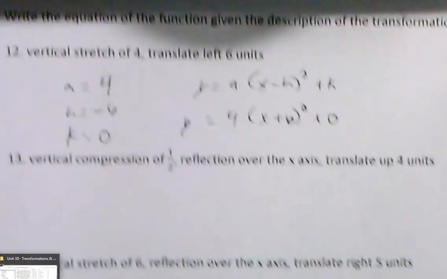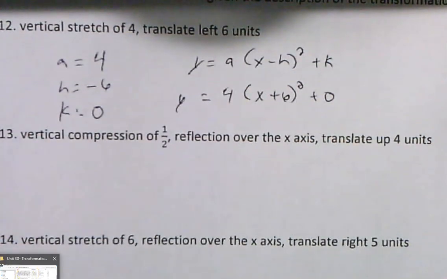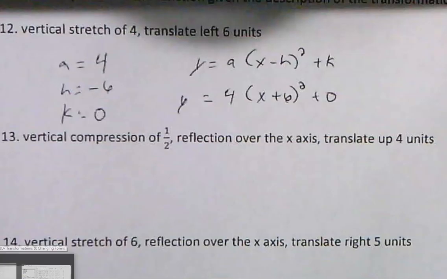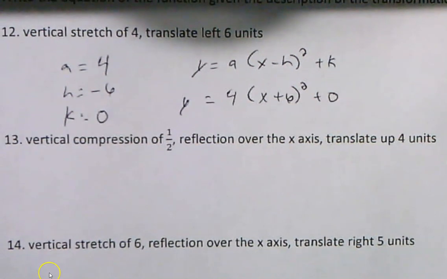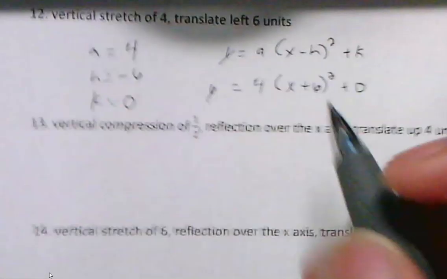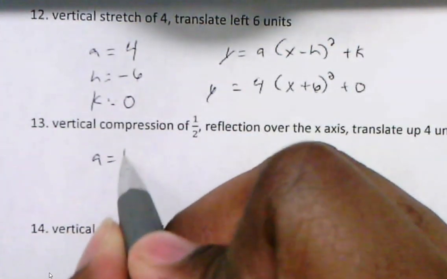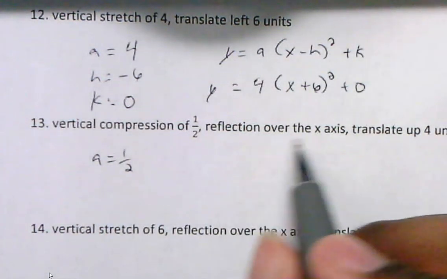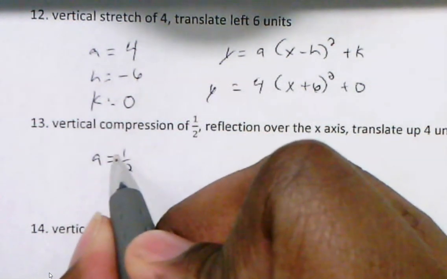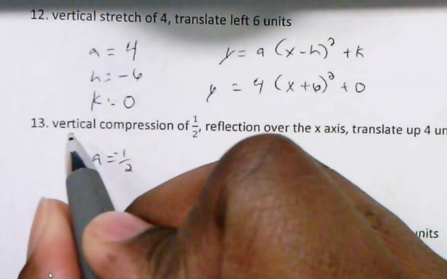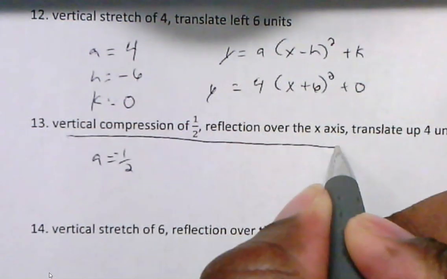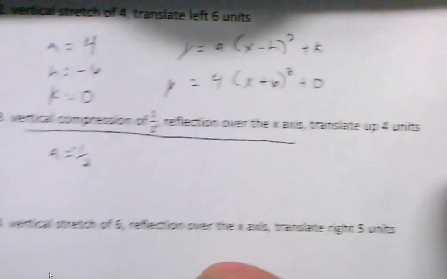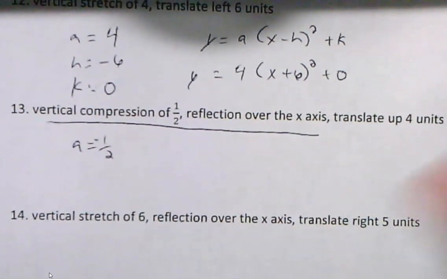In the next one, it says that you got a vertical compression of 1/2, so A is 1/2. It reflects over the x-axis, so A is negative as well. So you got 2 things they told you about A. And the last part says it translates up 4 units.